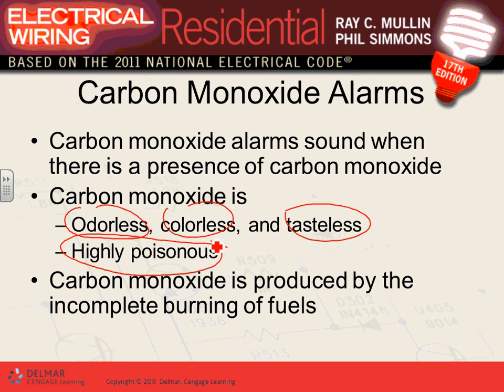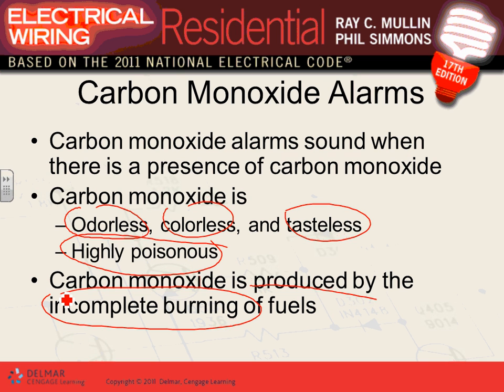That's why in Minnesota, based on the building code, guys, we recommend every house have a carbon monoxide detector, at least one in every house. What does carbon monoxide come from? It's produced by incomplete burning.